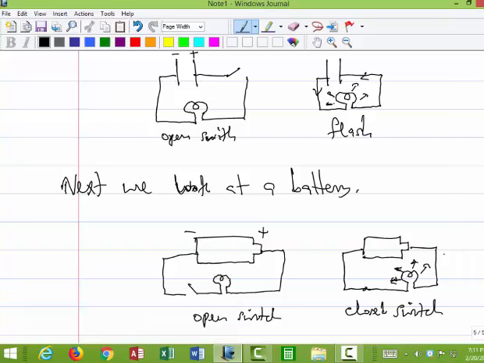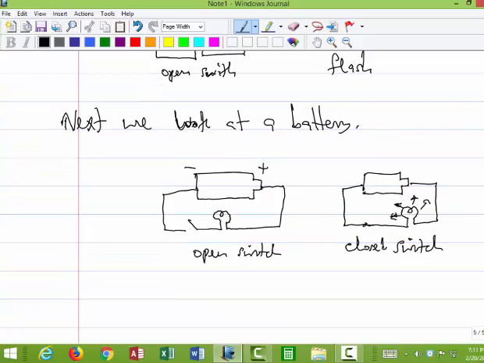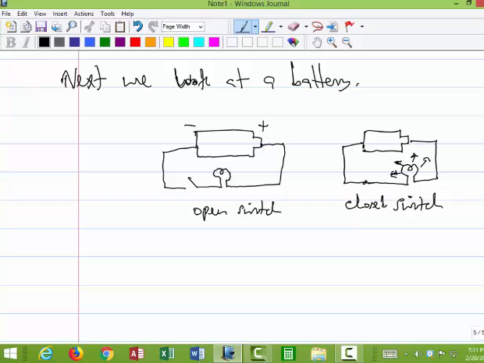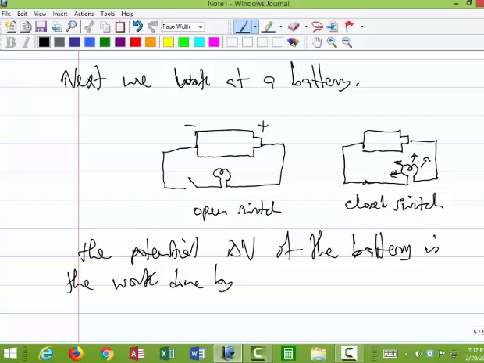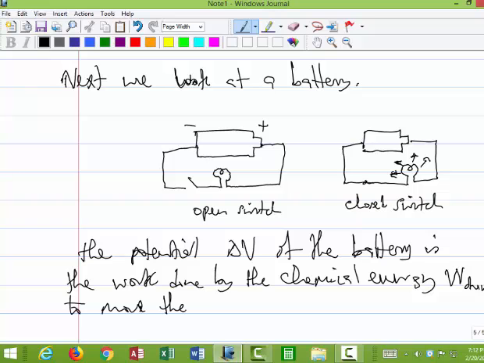And then of course, depending upon how many batteries you have, if you have 2 batteries in there, the light is going to be brighter. If you have 3, it's going to be even brighter, and so on. Okay. So the potential of the battery is just equal to the work done by chemicals in the battery to move charge. So the potential delta V of the battery is the work done by the chemical energy, W chemical, to move the charges.